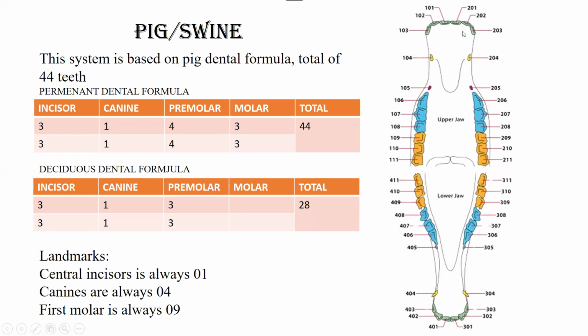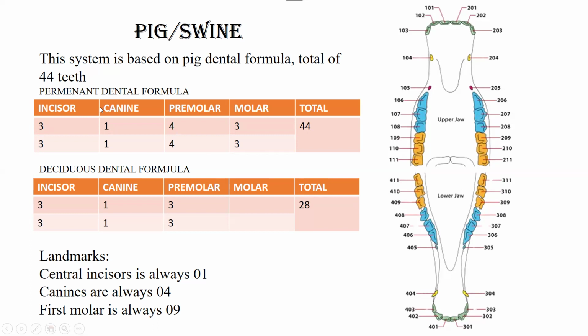So the second and third digits will be 01, 02, 03, 04, 05, 06, 07, 08. In that way, you give them the numbers. And you cannot write the first incisor as 2, 1. No, it should be 201, 202, 203. So that is the basis of the modified Triadan system, and that is how we actually give the numbers.